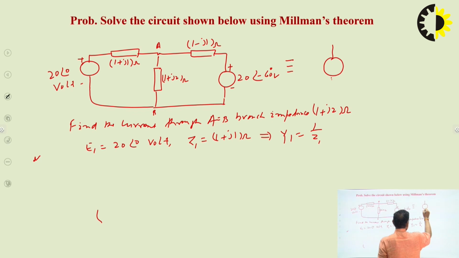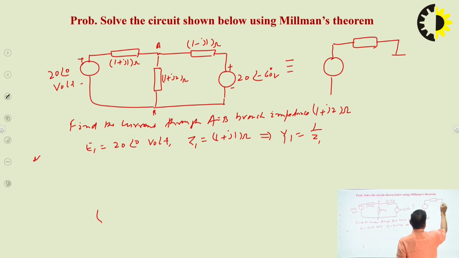This is your voltage, this is your impedance. Okay, so this is your E and this is your Z, and this is your A and this is your B.